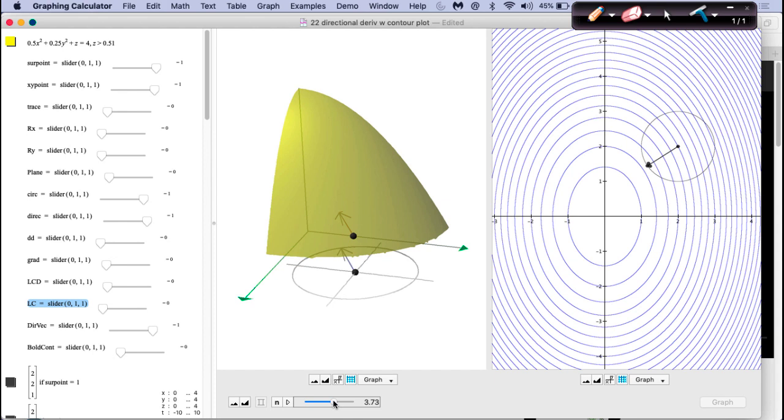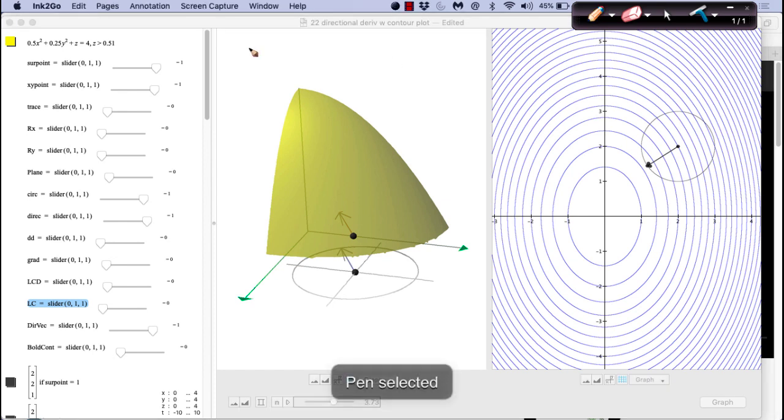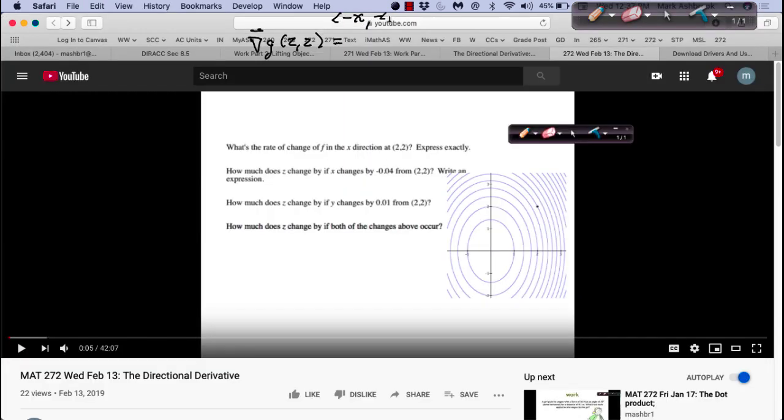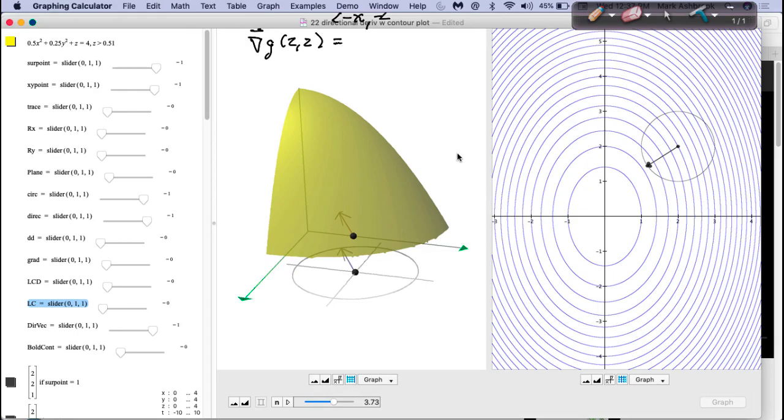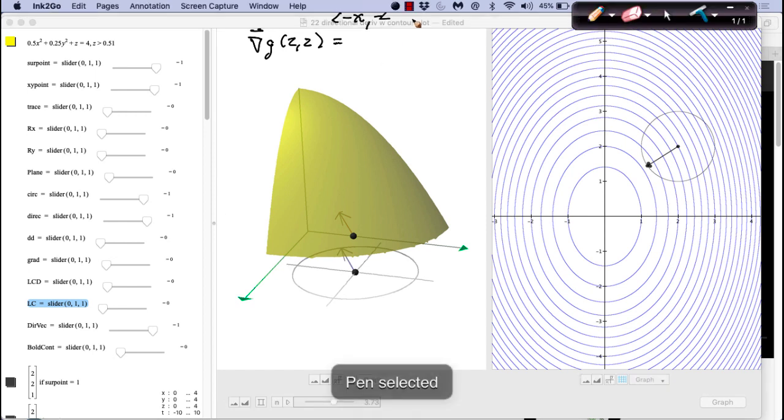What was the gradient at 2, 2? So G, the gradient at 2, 2 would be what? What was our gradient? It was negative x, negative 1/2 y, is that right? Yeah. So at 2, 2, what's the gradient? -2, -1, because it's negative x, negative 1/2 y.